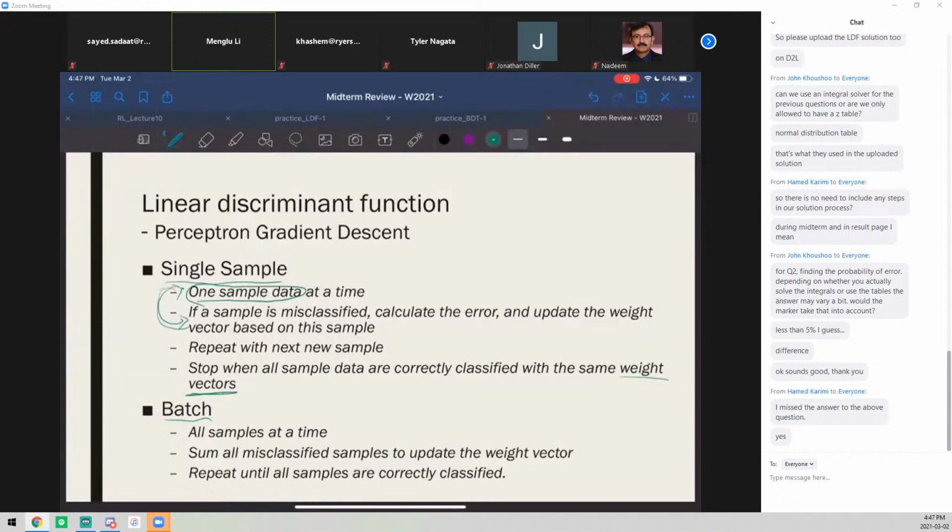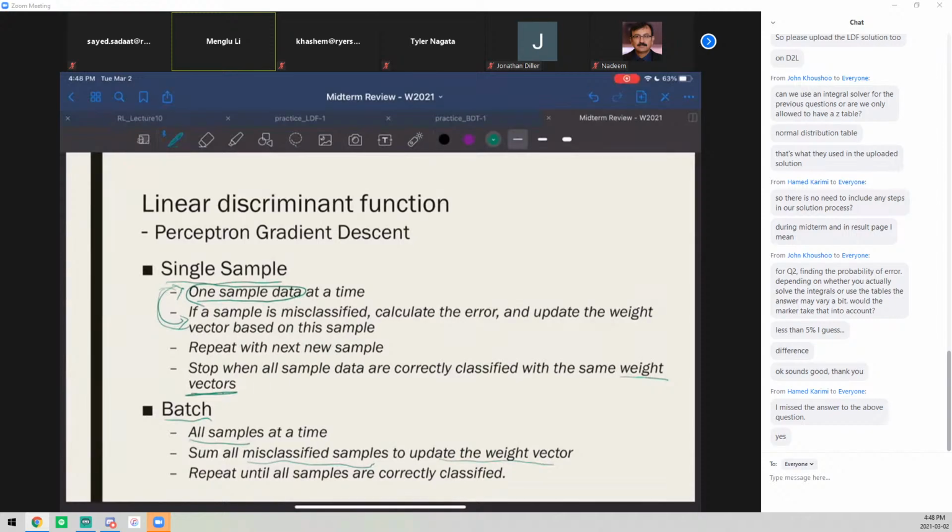Okay, that's single sample. And the other way is batch. Batch means consider all samples at a time, and we choose the misclassified samples and then sum all the misclassified samples together to update the weight vector. So we don't update the weights based on one sample.